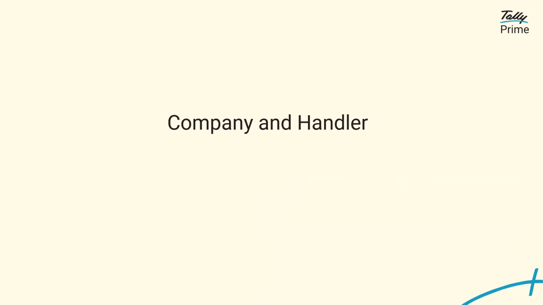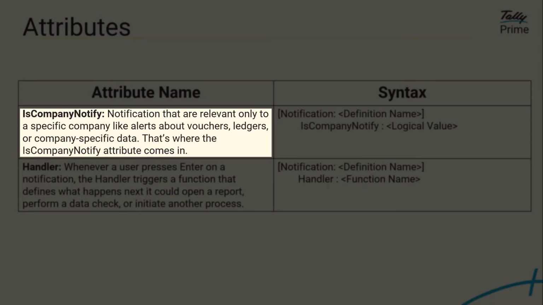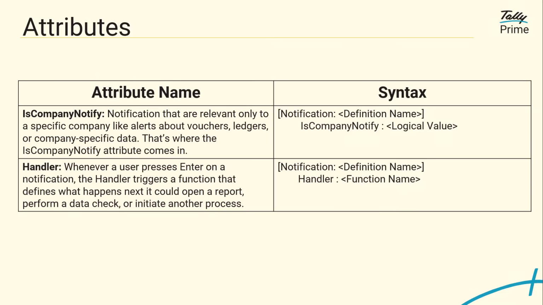Company and handler. Not every notification needs to be global, some are relevant only to a specific company. For example, alerts about vouchers, ledgers, or company-specific data. That's where the isCompanyNotify attribute comes in. By default, it's set to yes, meaning the notification applies at the company level.